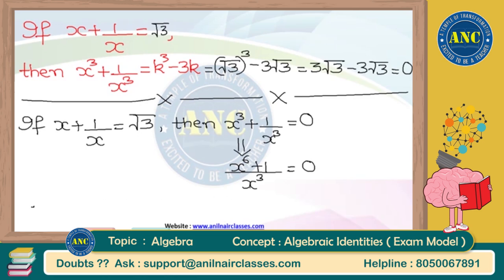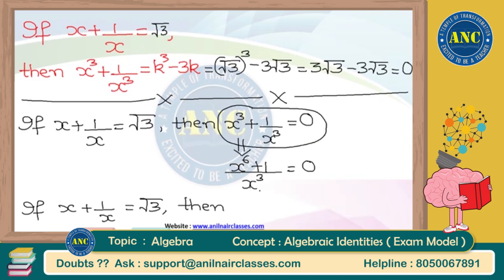That means I can also say, if x plus 1 by x is equal to root 3, one way of saying it is x cube plus 1 by x cube will be equal to 0. Another way of saying it is x power 6 plus 1 will be equal to 0, or I can also say x power 6 will be equal to minus 1. You can call it in completely different ways, but everything remains the same.